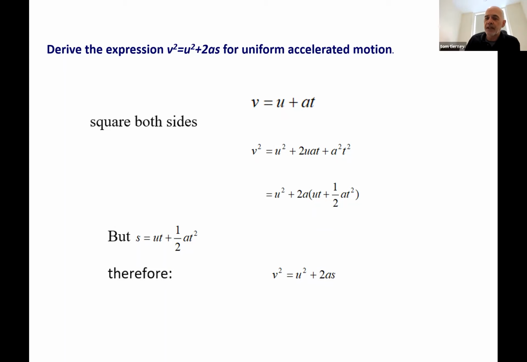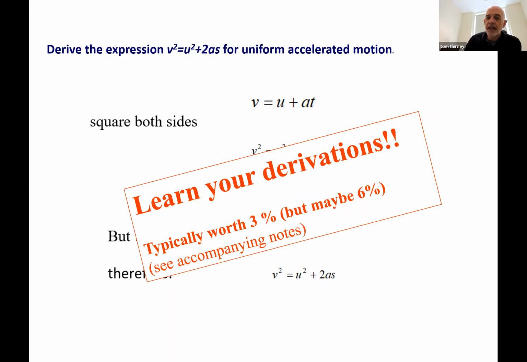Worth typically, when these come up, 12 marks, which would be 4%. So if you knew your definitions and your derivations, you'd already be on like 6% on this question. Your derivations, it's such a simple chore.